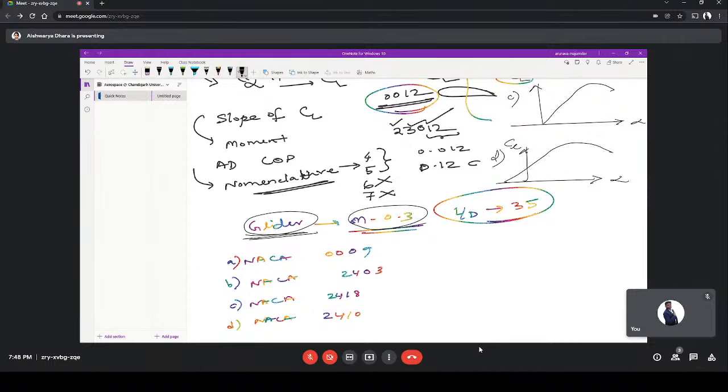Always for a very low speed, the thickness to chord ratio has to be very high, that means close to 15 to 18 percent thickness. This is one of the application-based questions you can say, right? So it should be within 15 to 18%. So among these, the right answer is going to be C.